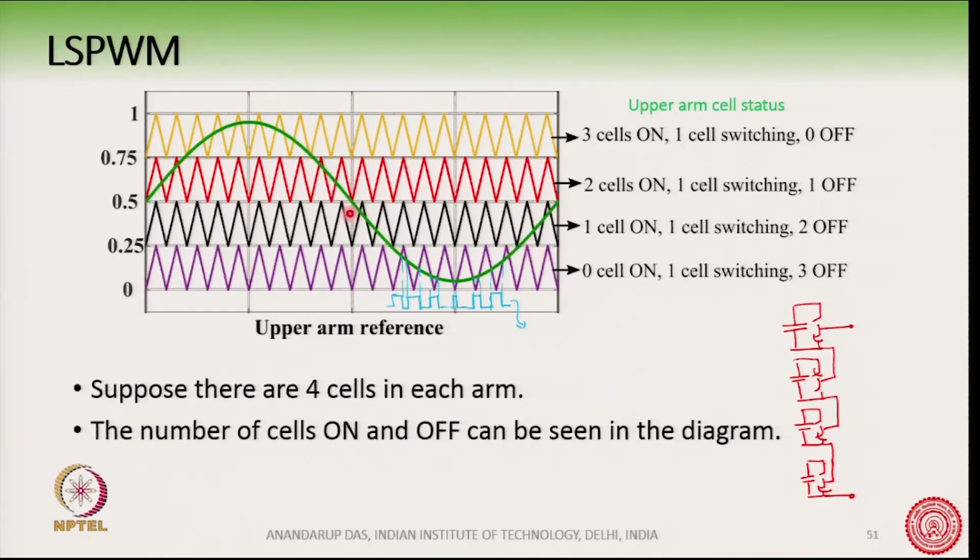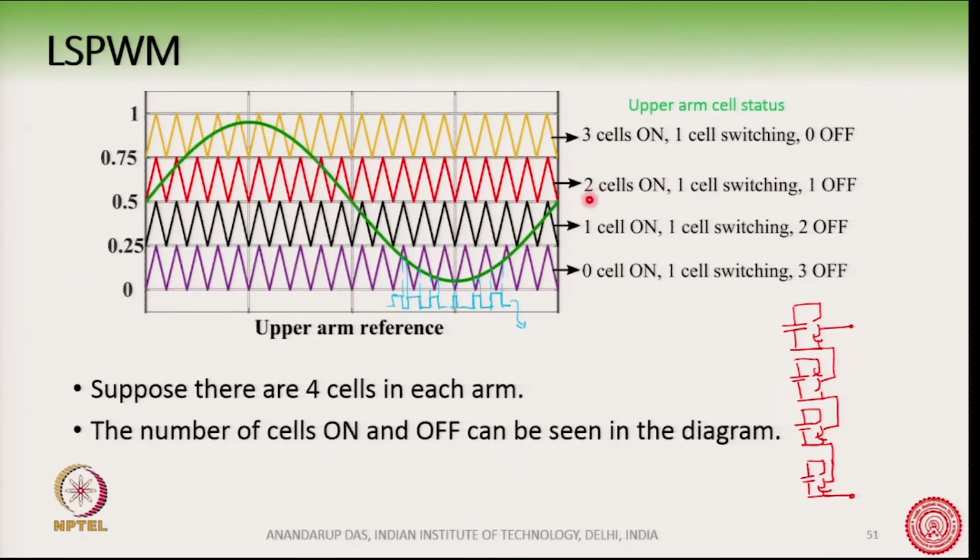And again when we go here for the other part, then two cells must be fully turned on, because each cell has a voltage of Vd by 4. So, this one cell will be fully turned on, which will support the voltage up to this point, another cell will be fully turned on, which will support the voltage here, and then one cell will be used for doing the switching action here.